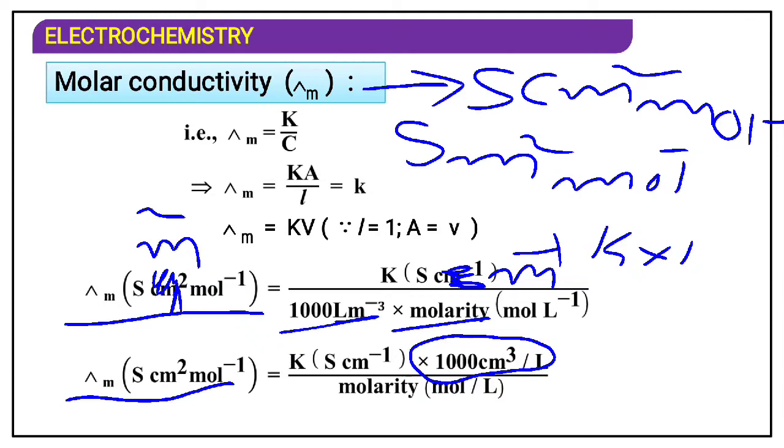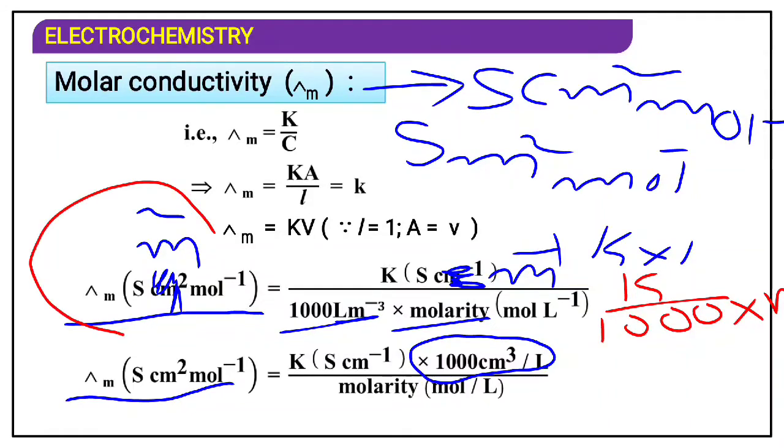But the same lambda m value, if you want to take in Siemens centimeter square mole inverse, then K into 1000 divided by molarity. K into 1000 divided by molarity. Here the value is K divided by 1000 into molarity if you want to get lambda in Siemens meter square mole inverse.